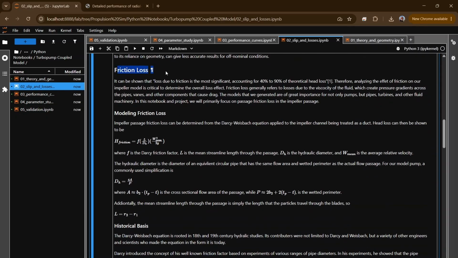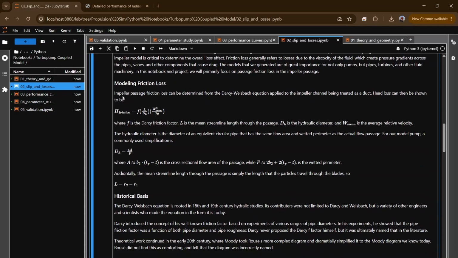From here, we have friction loss as well, and according to one of the papers I read, friction accounts for 40 to 90% of the theoretical head loss, which we'll see if that's true in the future for our model pump. But we can effectively find all these equations that relate for friction.